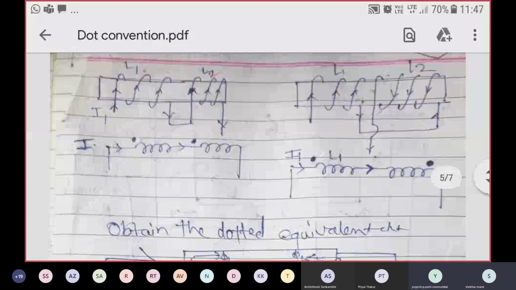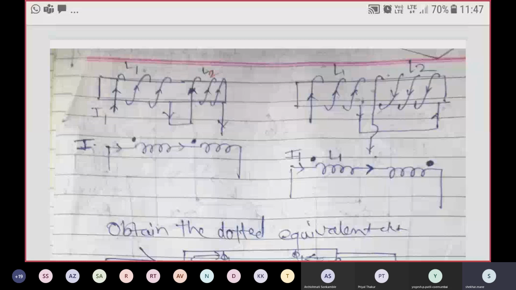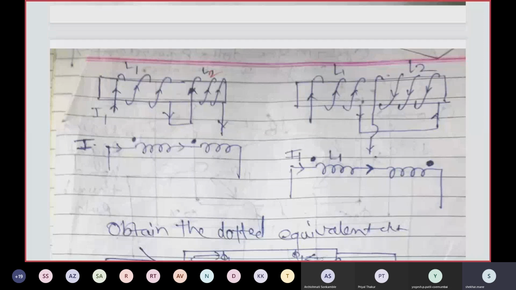Now you can use the same rule. Take the core on the left hand side with L1 and L2, that is cumulative coupling. Consider that coupling. The I1 current direction is going upward.